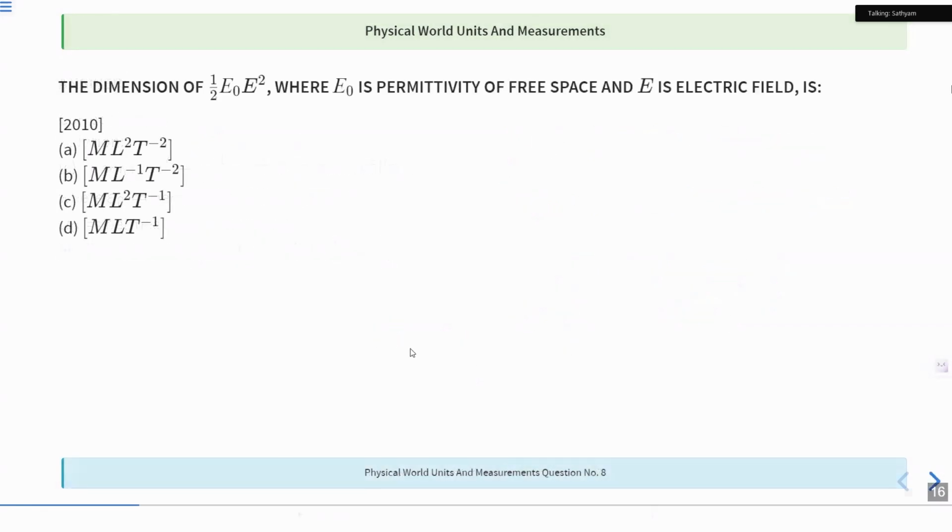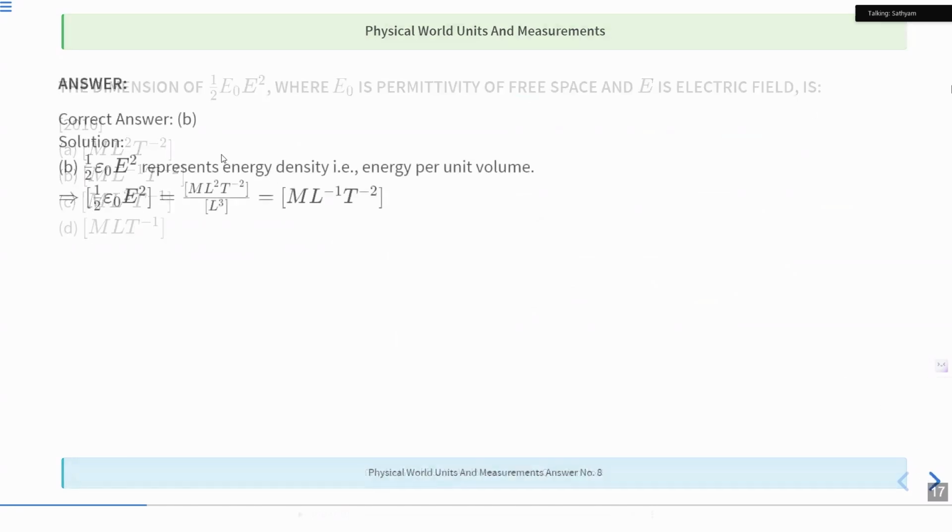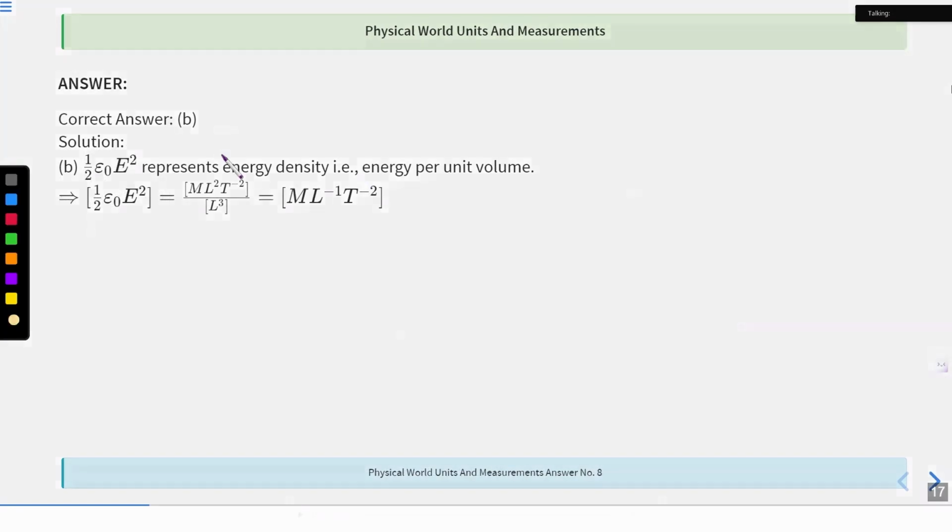Now, the dimension of 1 by 2 epsilon naught E squared, where epsilon naught is permittivity of free space and E is electric field. Electrostatics question. This is what I have to derive.